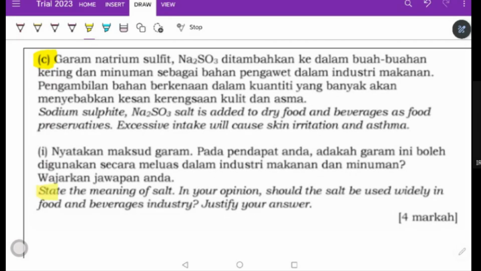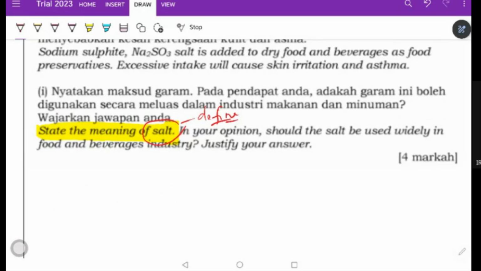State the meaning of salt, class. We can only do this part. What is the meaning of salt? Define. Salt is an ionic compound. It must be an ionic compound.